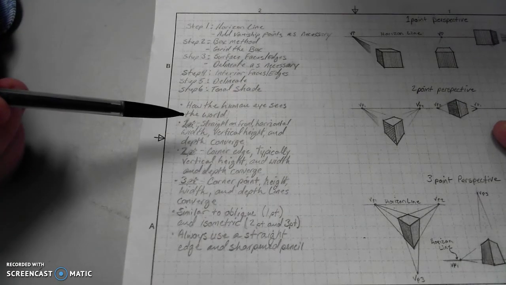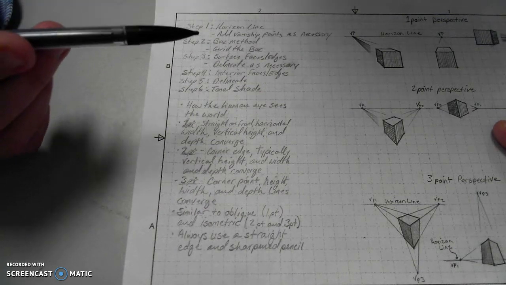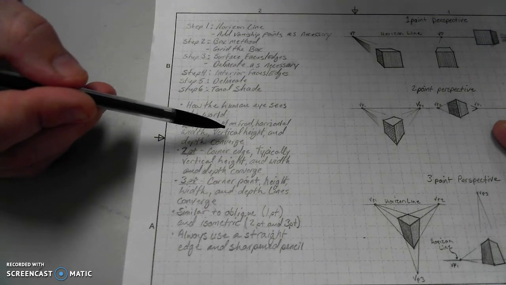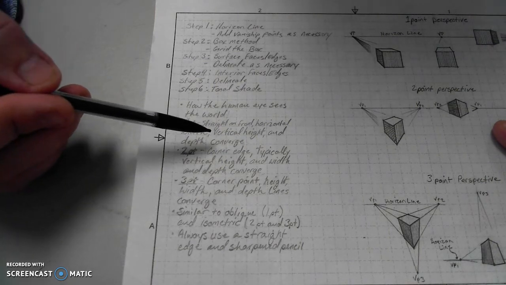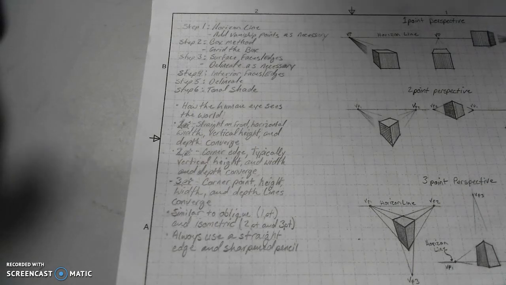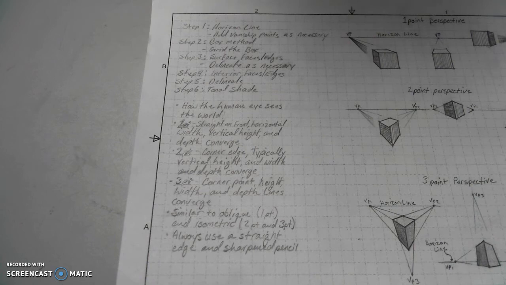The horizon is horizontal, but so are the width lines. Vertical lines are what we'll consider our height lines, and then depth lines will be lines that move at an angle dependent upon the object's location relative to the vanishing points.